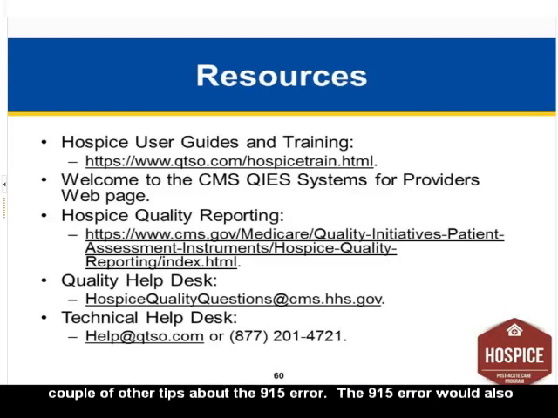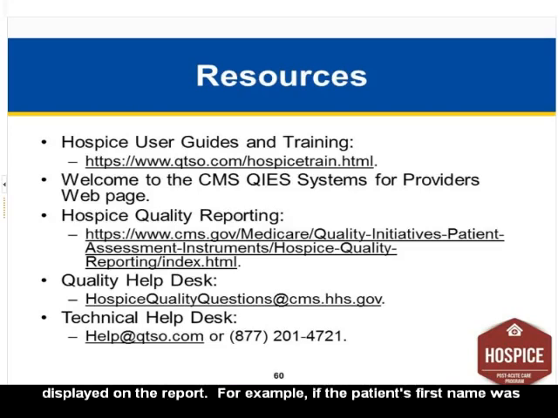The 915 error will also occur if you're submitting a record for a patient who was previously cared for by a different provider. So that error could happen often because of a change in provider. And it's also important to know, and most have probably noticed this, when you receive error 915 on the validation report, the old and new patient identifying information is displayed on the report.